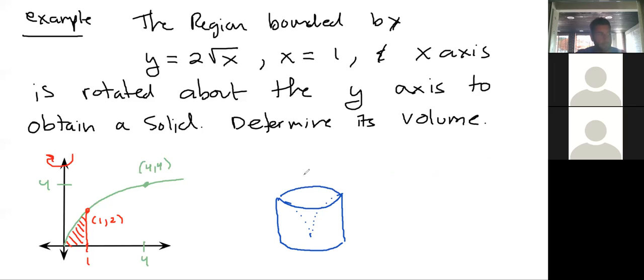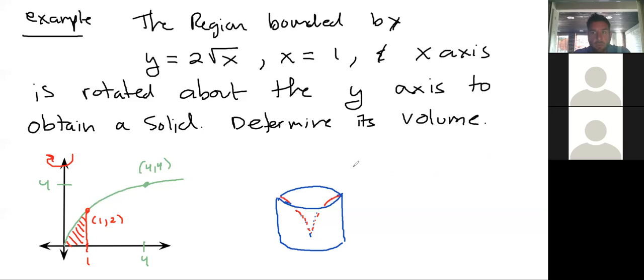Maybe we'll use a different color to show that there's this hollowed out thing that comes inside to a point. So this is what our shape is. Imagine it looks like a cylinder with this sort of pointed thing hollowed out of it. And we'd like to know what the volume of this creature is.